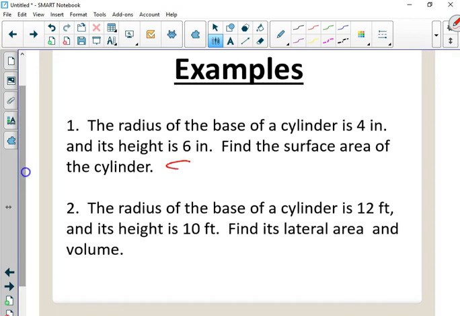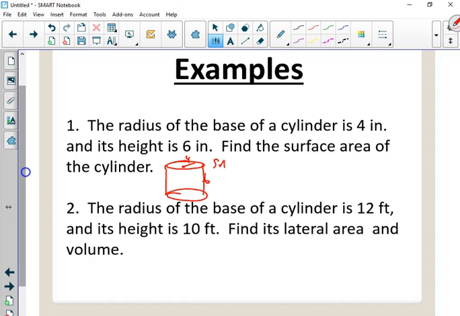So if it helps, draw a quick cylinder. The radius is 4, and the height is 6. Find the surface area. Well, the surface area, remember, is going to be the lateral area, so 2 pi rh plus 2 pi r squared.